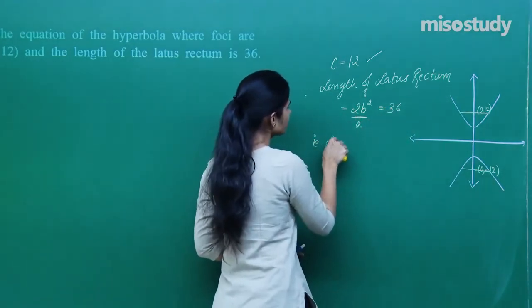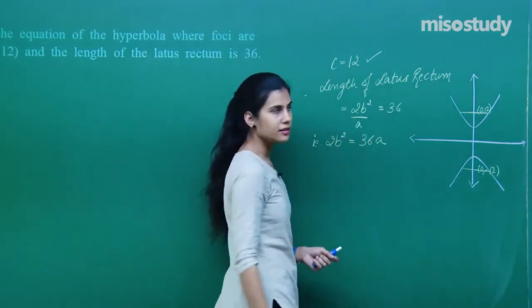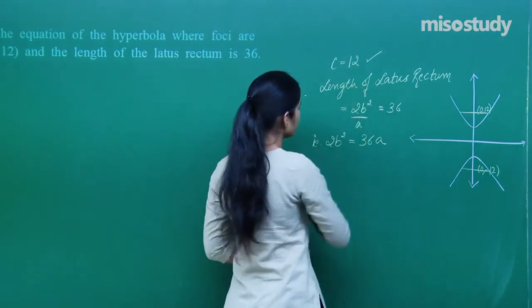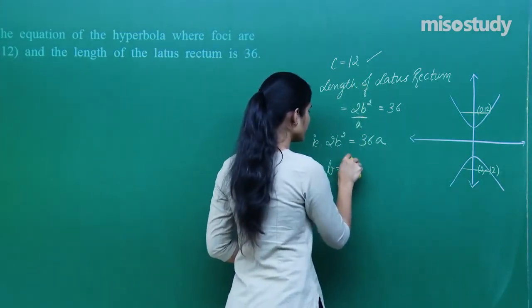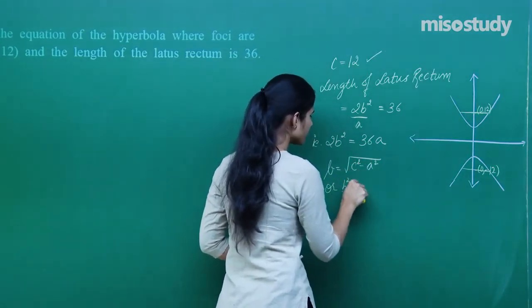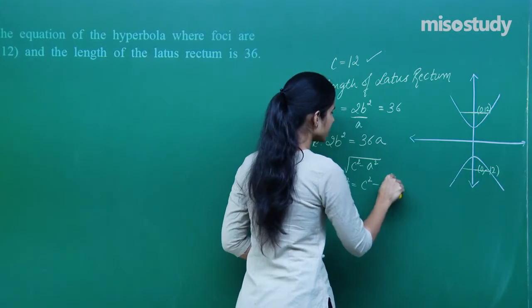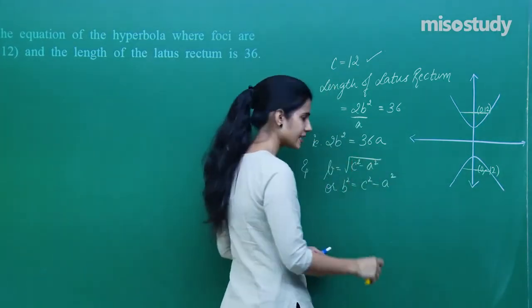That is 2b square is 36a and c is 12. And I know that in the hyperbola b is defined to be under root of c square minus a square, or b square is c square minus a square. B square is 36 by 2a, that is 18a.